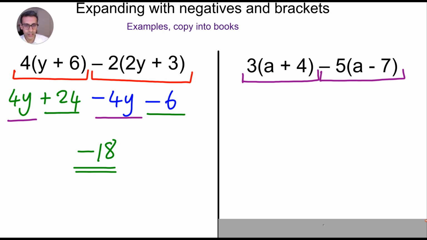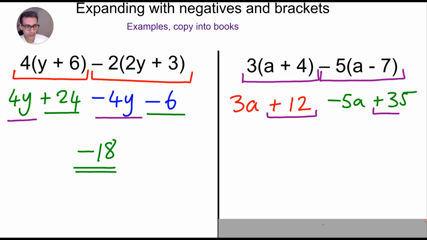3 times a is 3a. 3 times positive 4 is positive 12. And then for the second bracket, negative 5 times a is negative 5a. And negative 5 times negative 7 is positive 35. So we're going to work out which terms are like. So we've got positive 12 and positive 35. We're going to add those together.